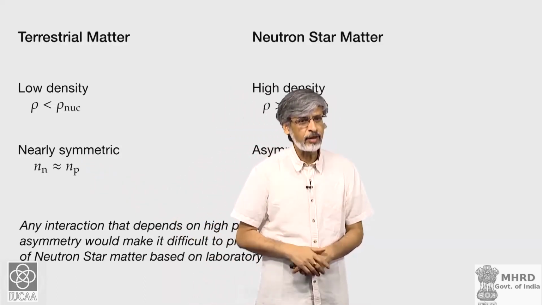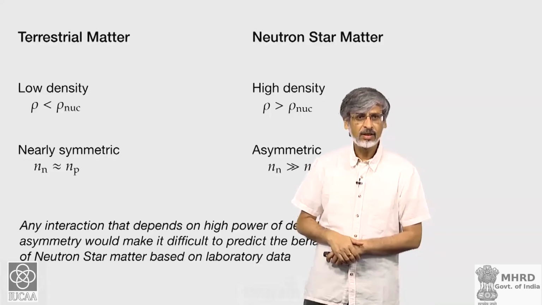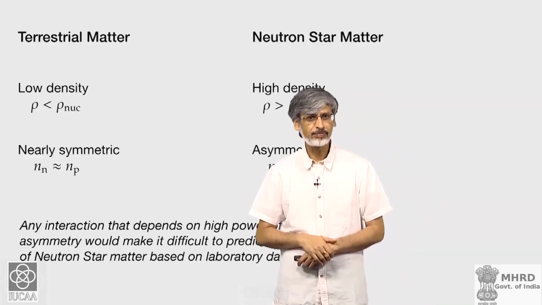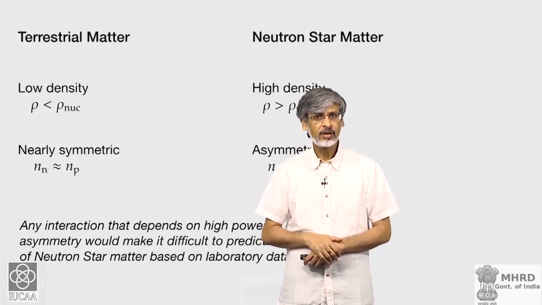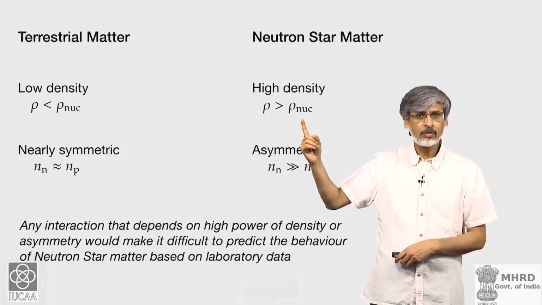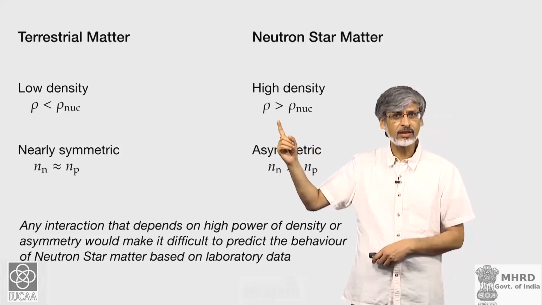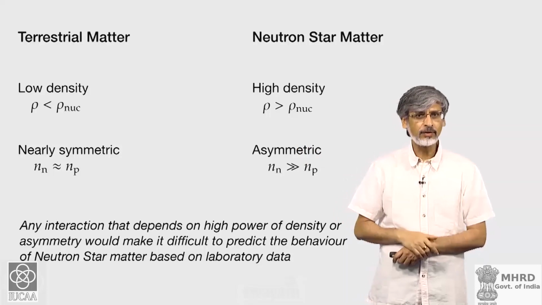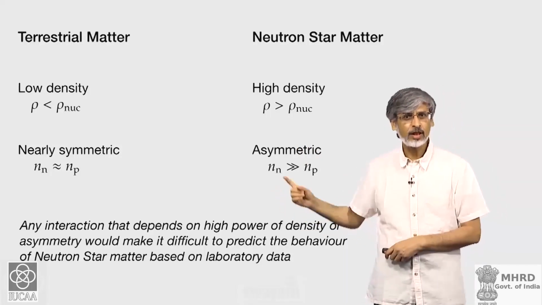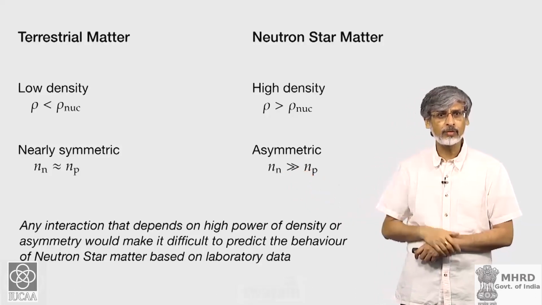For any material that we see around us, the number of neutrons and number of protons in the nuclei are roughly similar. The neutron star matter, on the other hand, is matter at very high density, density larger than nuclear density, and also it is extremely asymmetric. Number of neutrons is much larger than the number of protons.